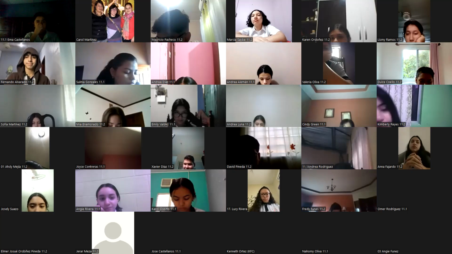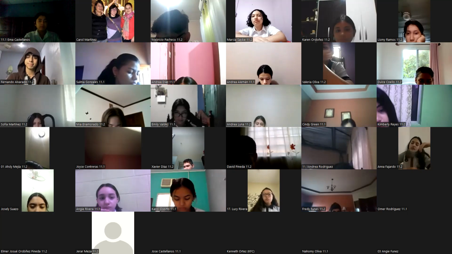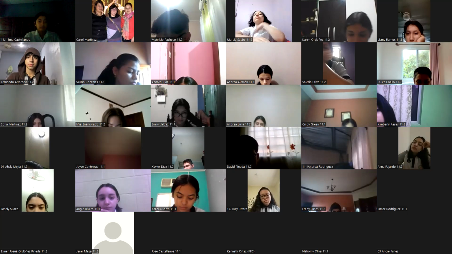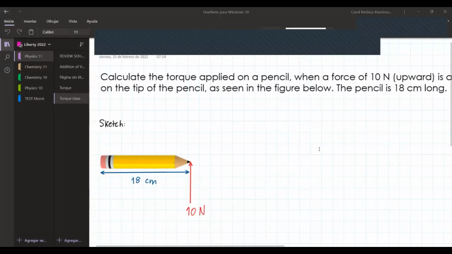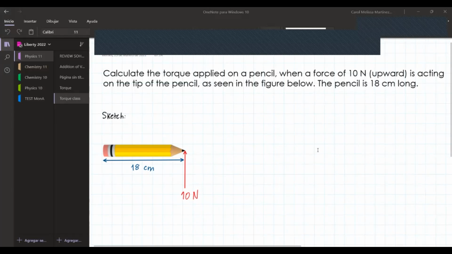Now, let me share with you the whiteboard. It says, calculate the torque applied on a pencil when a force of 10 Newton upward is acting on the tip of the pencil, as seen on the figure below.